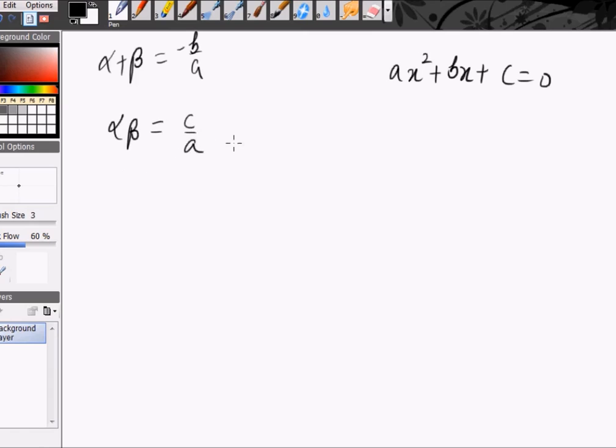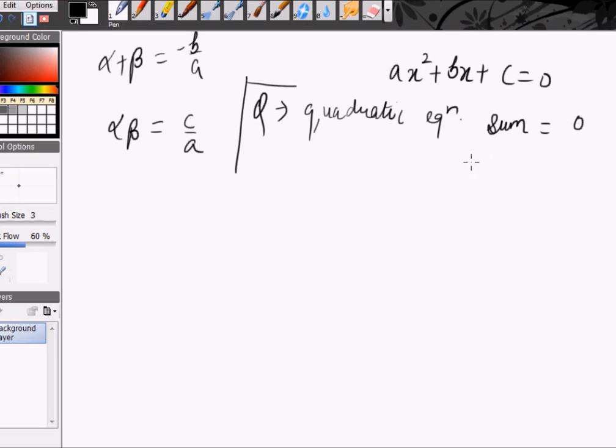Now a question says, find a quadratic equation whose sum of roots is 0, whereas product of roots equals under root of 5.